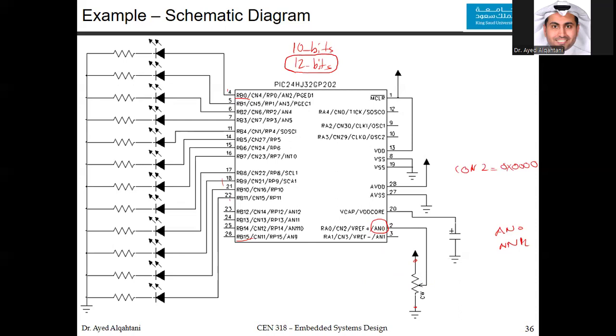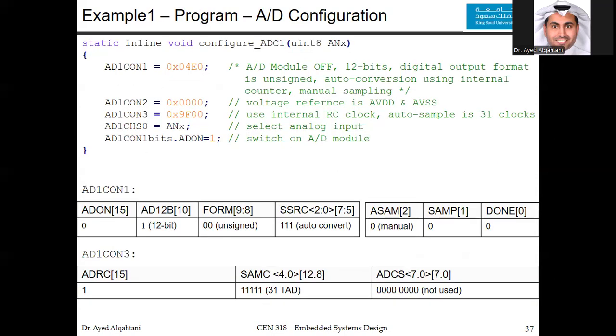Now, for the coding, we have the ADC. You can configure ADC1, and it accepts an argument, which is the ANX. So in our example, we should give it AN0. Or simply, since this is unsigned integer 8, we just give it the value 0, indicating that we are using AN0.